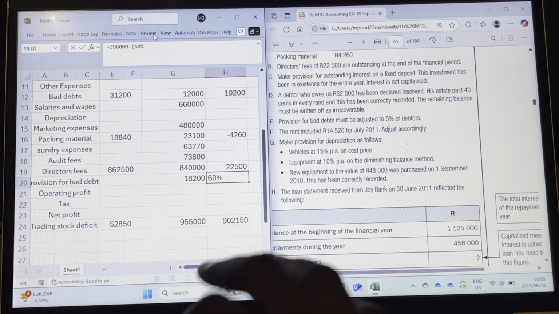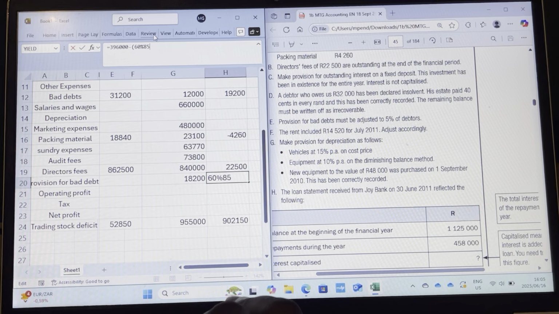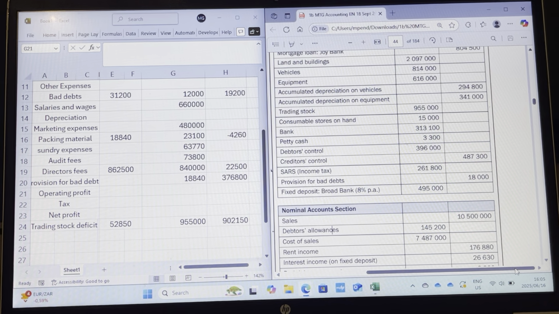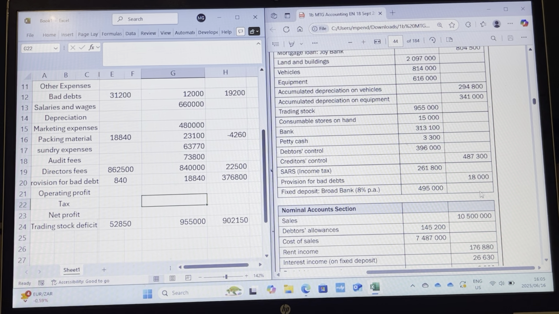So we need 60% of 32,000. And that gives us 376,000. So when we redo this, it means our provision comes to 18,840. And previously, as I've shown you, it was at 18,000. Means that it has increased by how much? 840. That's not difficult to include there.